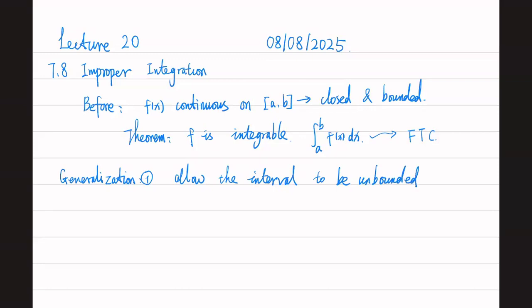We could integrate from a to infinity of f(x).